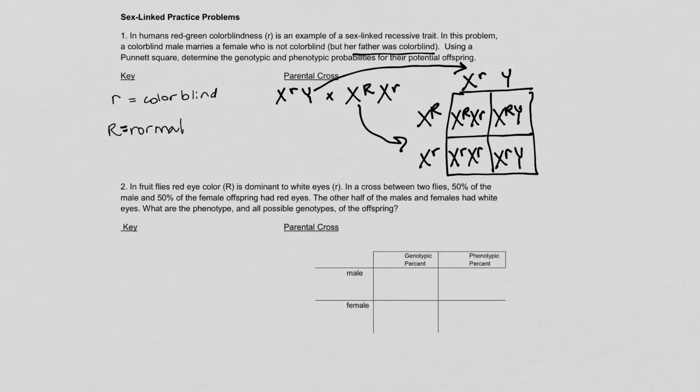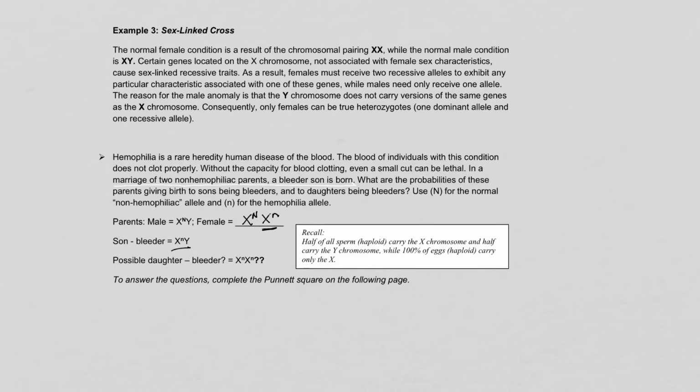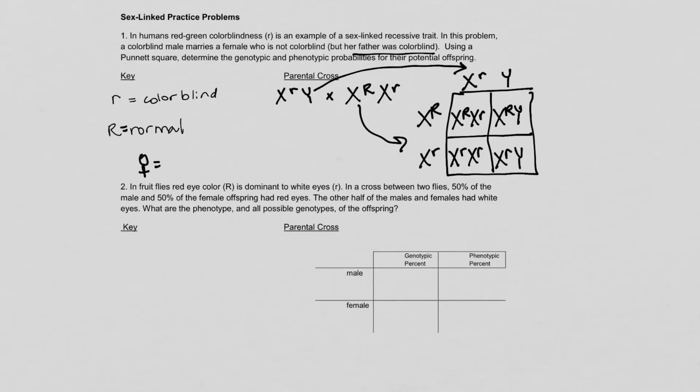So for the female, we've got 50% heterozygous and 50% homozygous recessive. So 50% of the females are going to be colorblind and 50% are going to be normal.